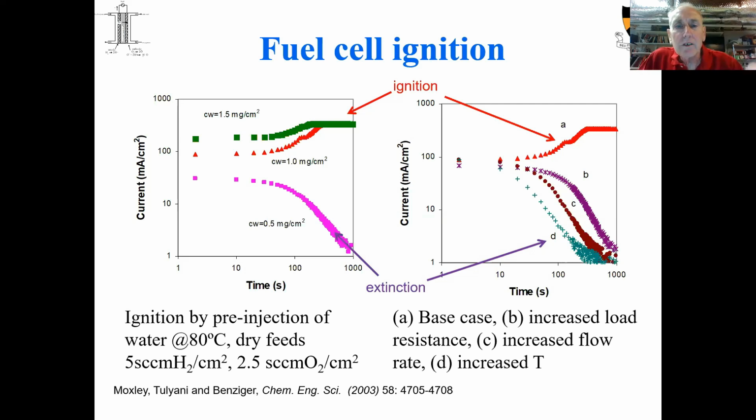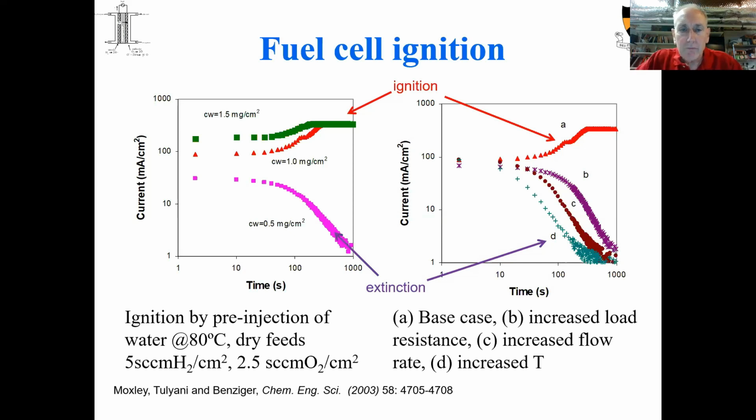So this looks just like a flame, if you think about it. If you have enough heat, you get the reaction to go and it will run. If you don't have enough heat present, the reaction extinguishes and goes away.